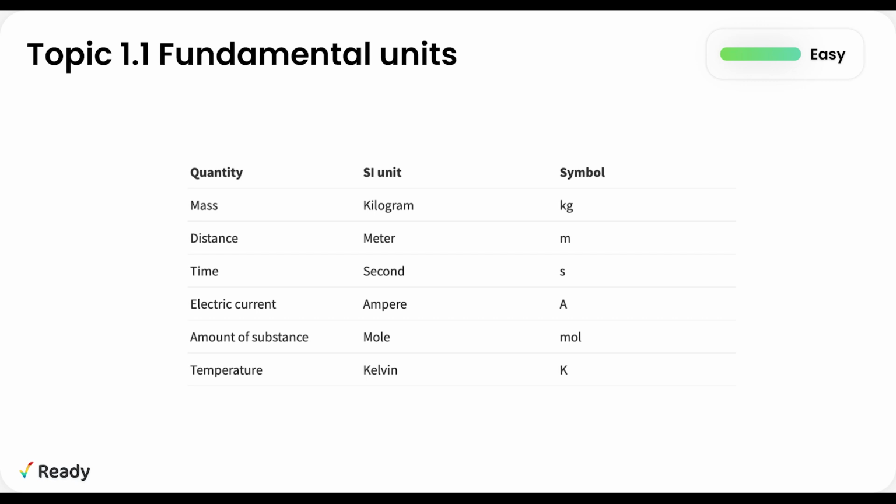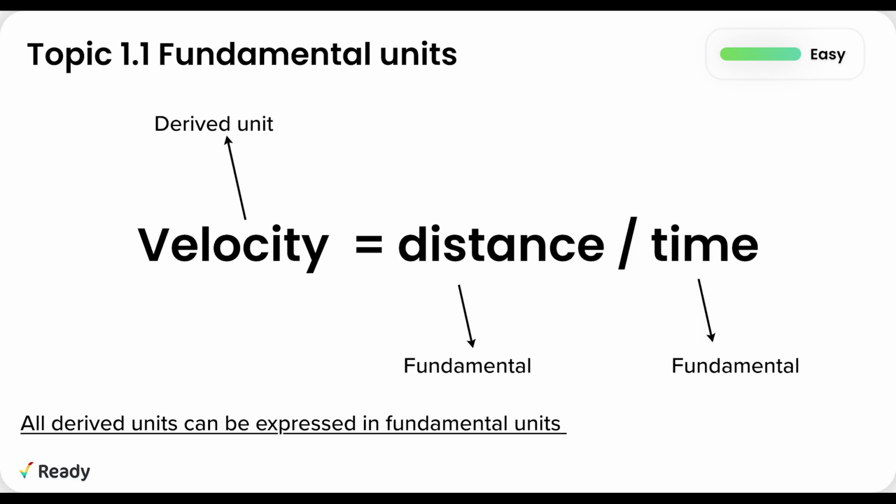Now, an example of a non-fundamental unit, which we call a derived unit, could be velocity. Why is velocity a derived unit? We obviously know that the formula for velocity is distance divided by time, which means that the unit of velocity is meters per second.